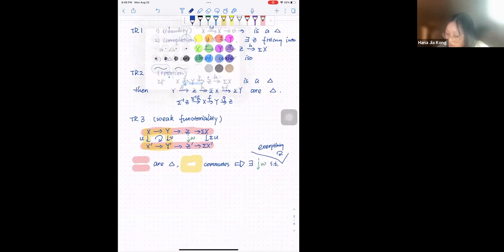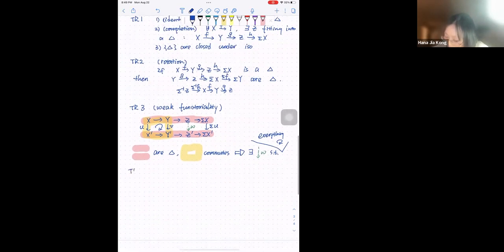And also this fourth one involves a large diagram. It's called the octahedral axiom. And it says that if we have, let me again write down a diagram first.